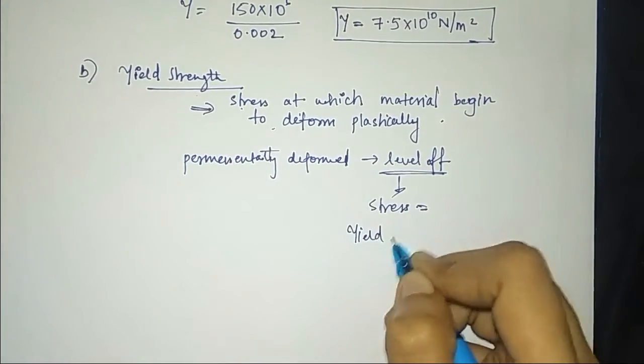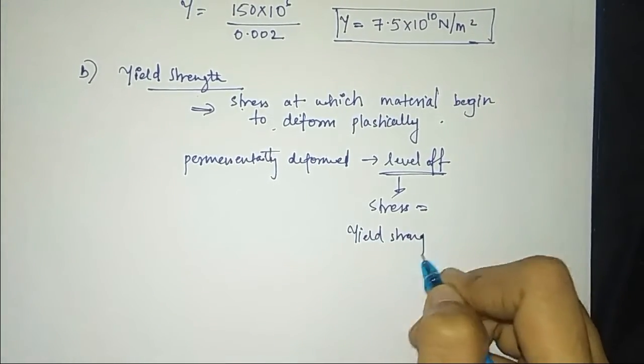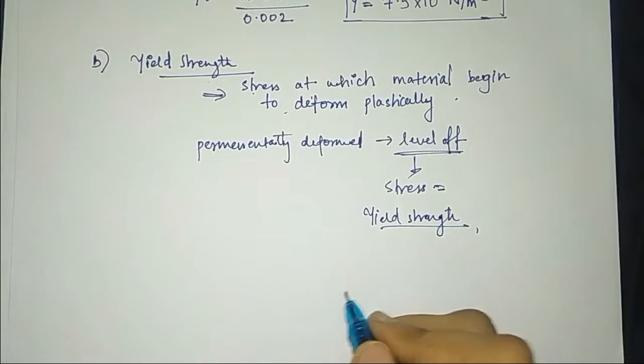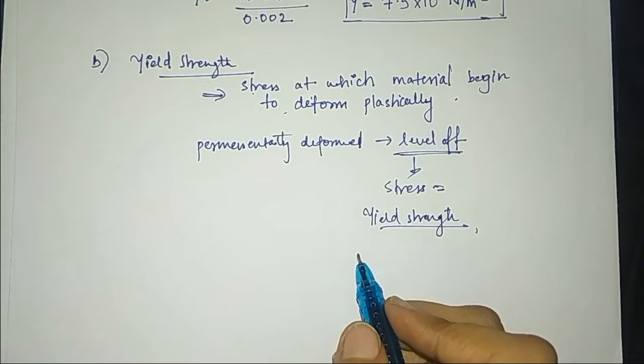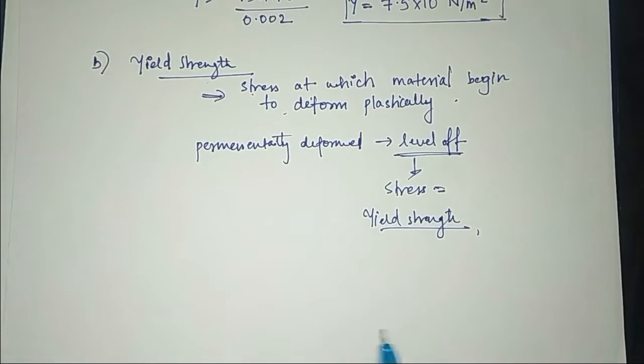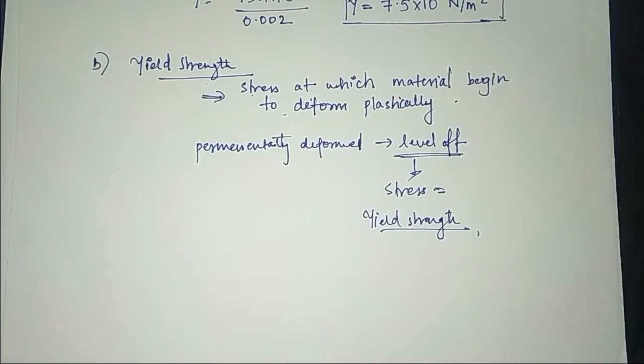Got it? So through the plot we can understand that the region is plastic after the 0.04 value of the strain. After that, whatever stress we apply, the strain is behaving differently. That stress is called the yield strength.